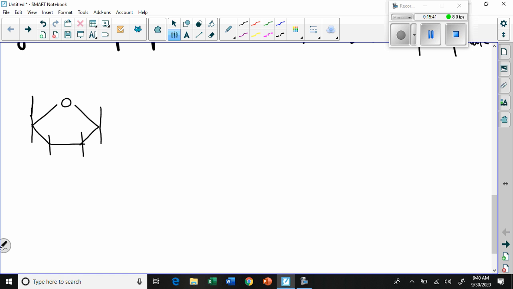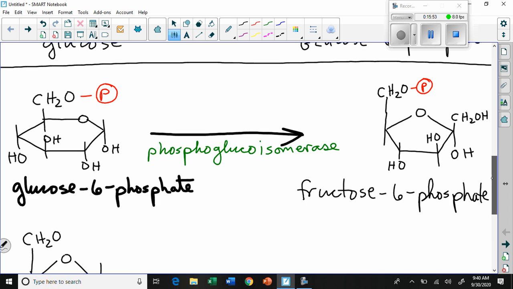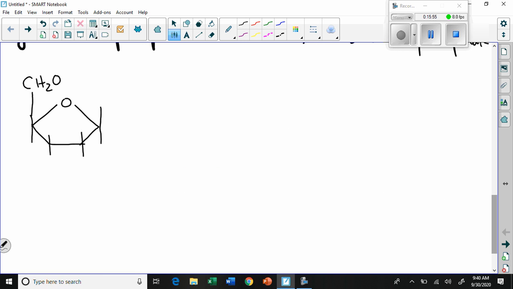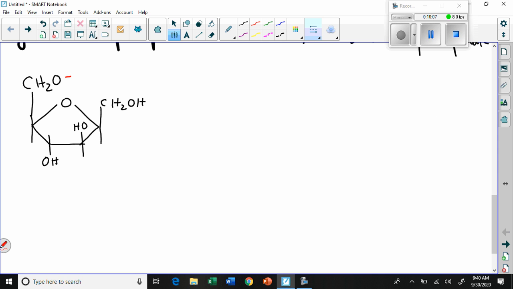I'll draw this line a little bit higher because that's where the CH2O is, and then we have, yeah, that's on that side, right? And then we have our OHs sort of here and here. CH2OH over here. And I'll put in that phosphate before I forget. The phosphate is attached here.